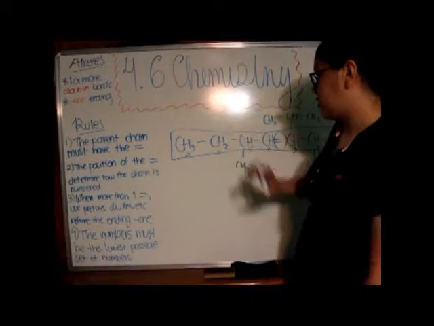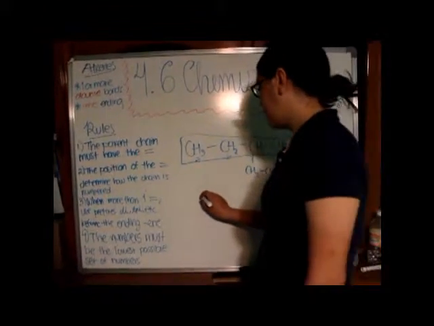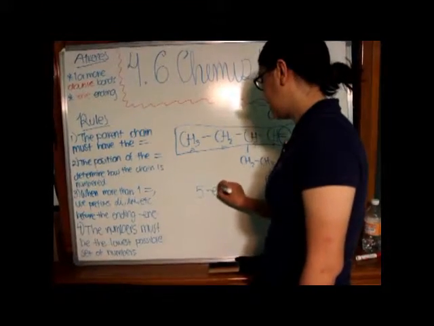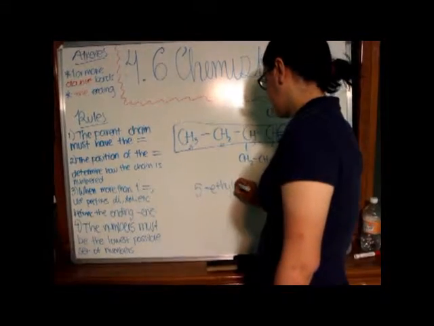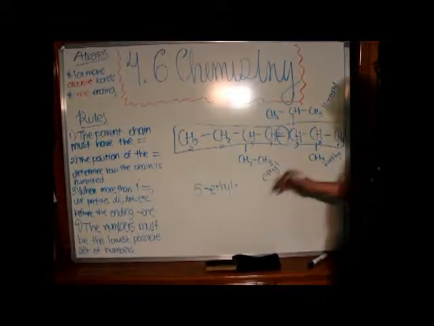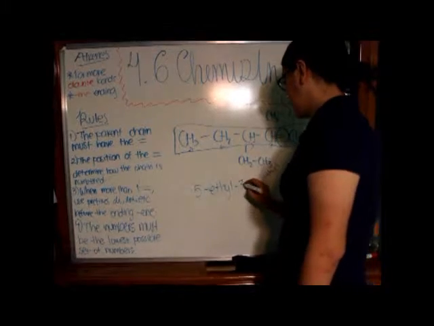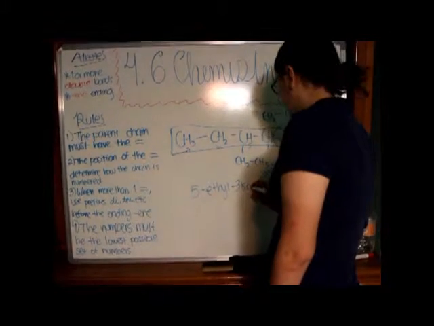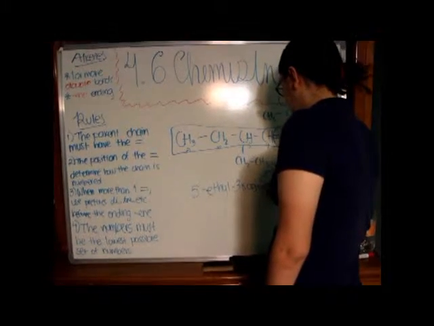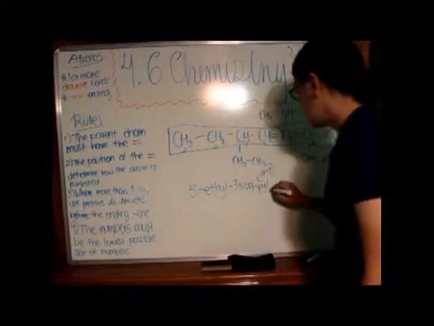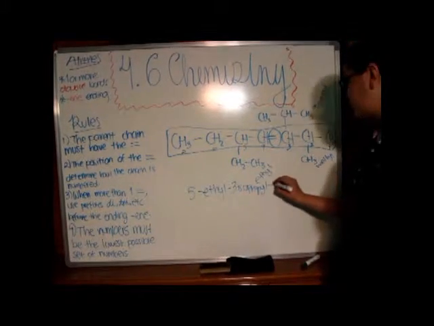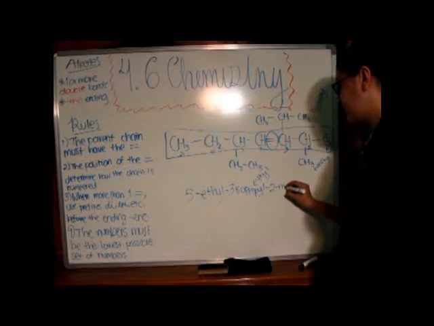Number the substituents. On number 5 is ethyl, hyphen 3 isopropyl, hyphen 2 hyphen methyl.